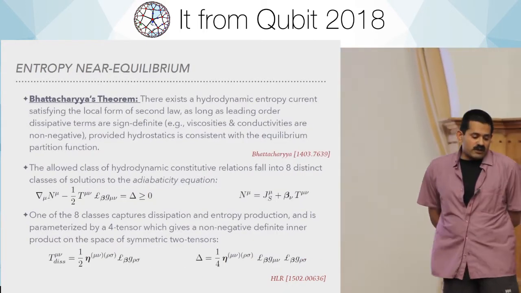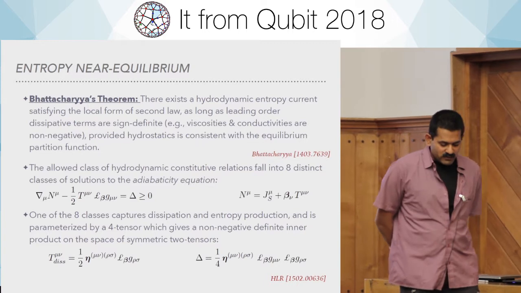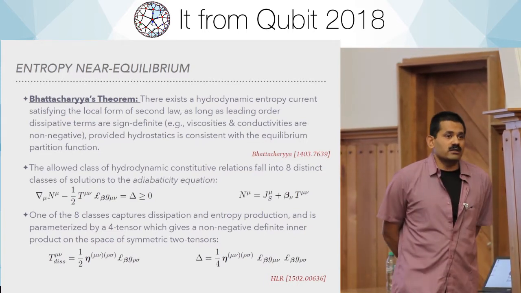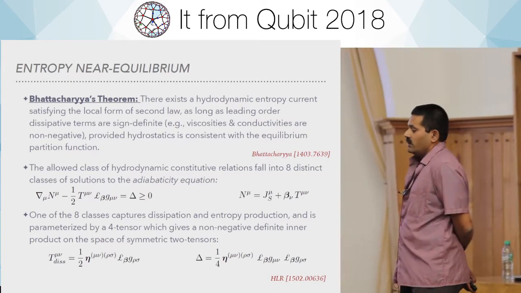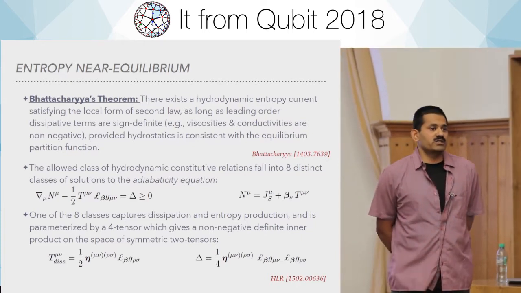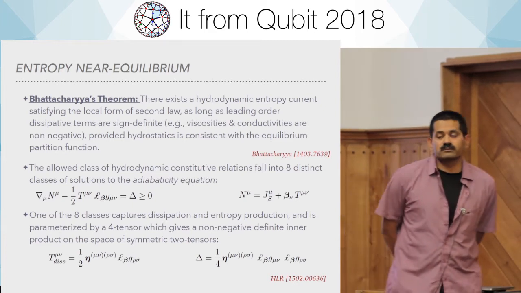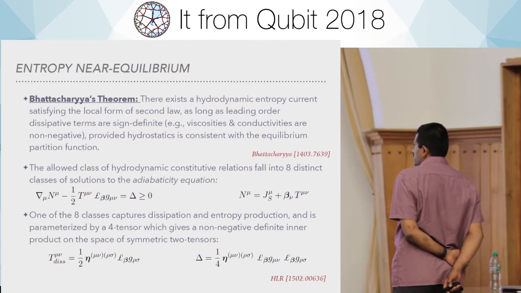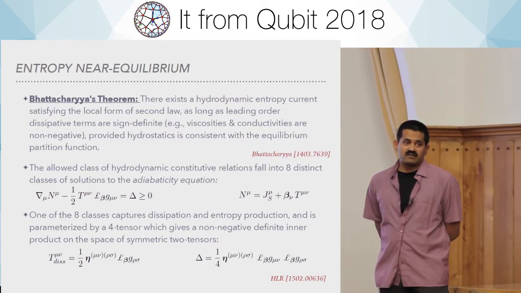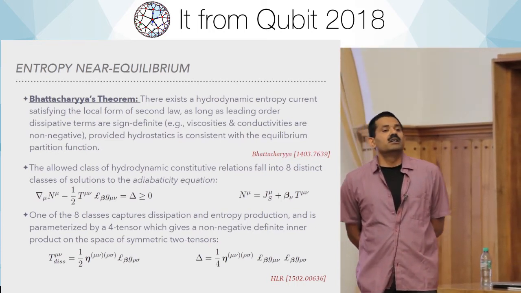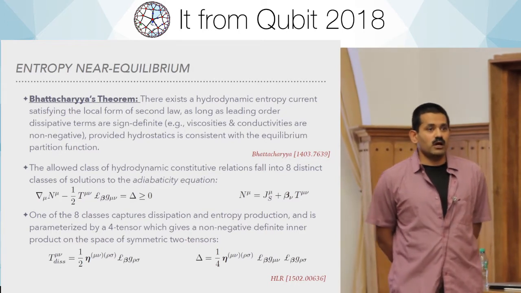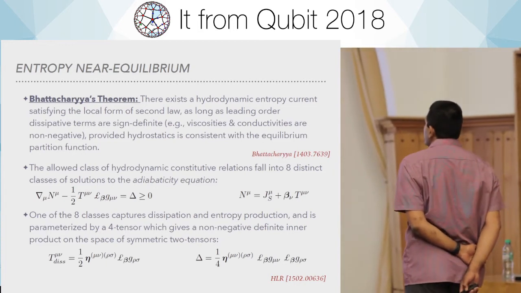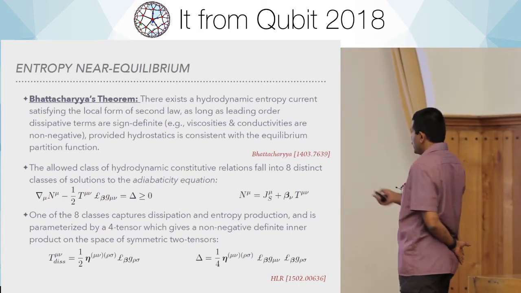Now here, I'm going to invoke a theorem that was proved a few years ago by Shantanu Bhattacharya, who basically undertook the following exercise. You can ask, under what conditions can you construct an entropy current? And she showed that it's always possible to construct a hydrodynamic entropy current which satisfies the second law, that is, the entropy current has non-negative divergence locally, as long as leading order dissipative terms are of the right sign.